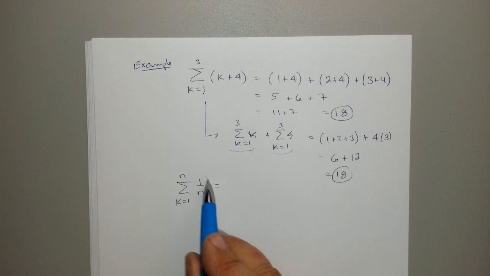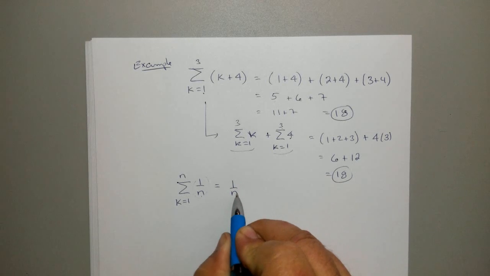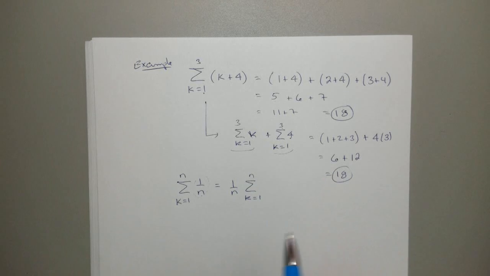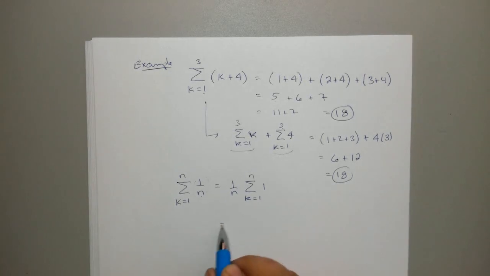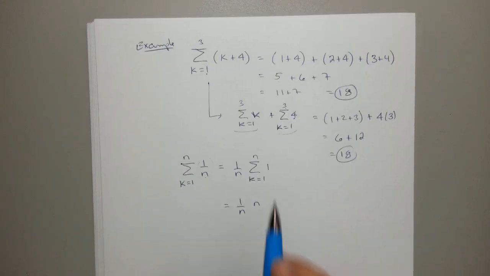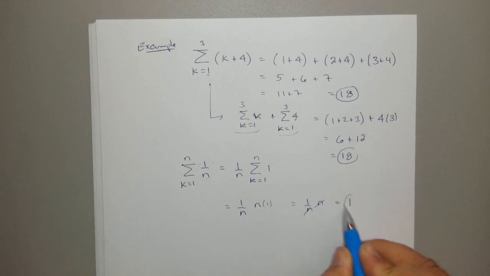This number here. Is there an index of k in there? So it's a constant, so I can take it outside. There's 1 there. So the summation of 1, done n times, becomes n. n times 1 is just n. The n's cancel, so the answer is 1.